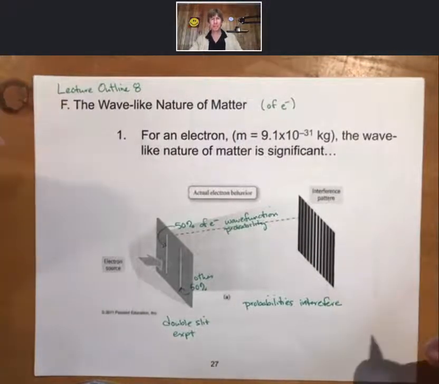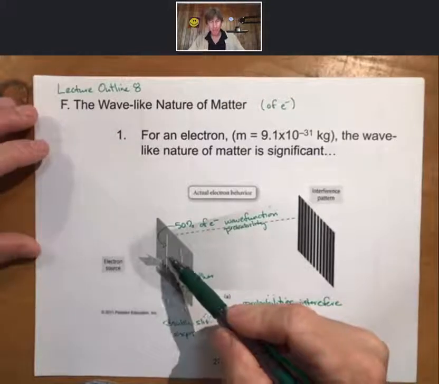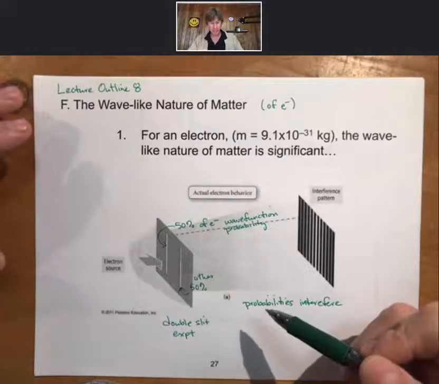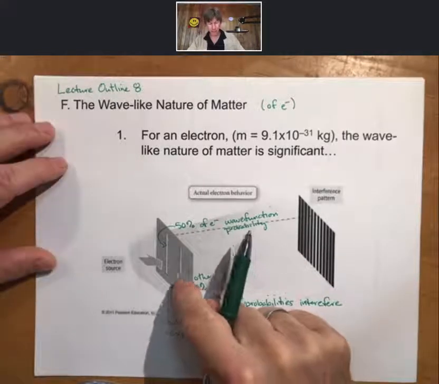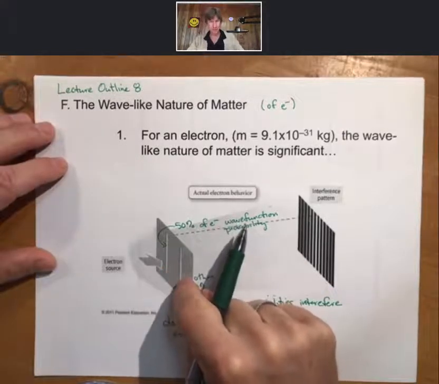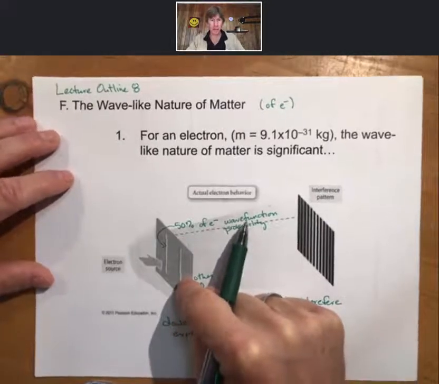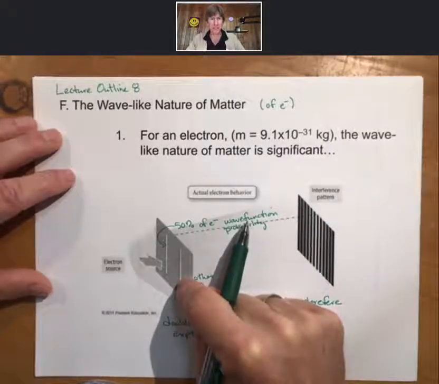So, this is weird. The probabilities interfere, and in the video, when they actually put something to tell which slit it goes through, there is no longer a 50-50 probability that it's going through each of the slits.